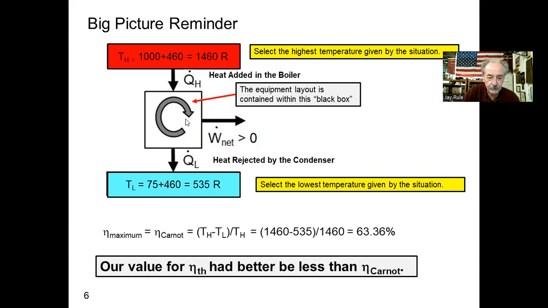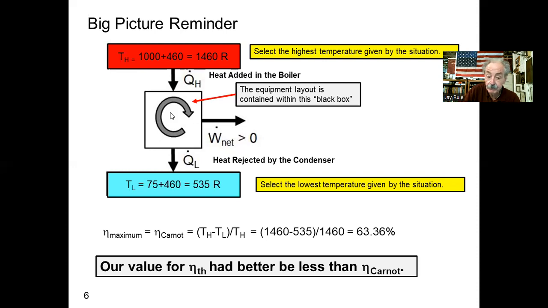Now, we're showing heat being added in the boiler, Q.H. And the heat source, the high temperature reservoir, is at 1460 R, 1,000 plus 460.